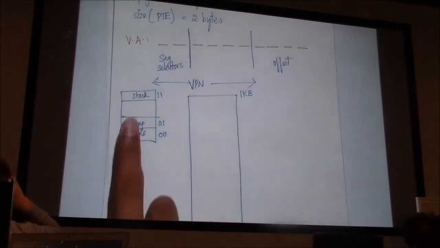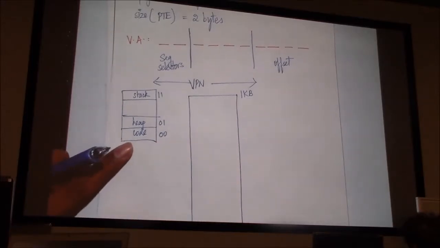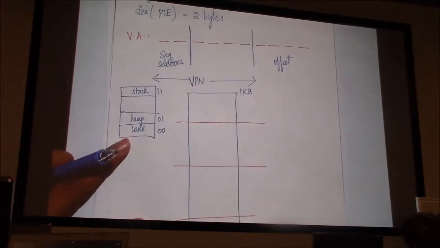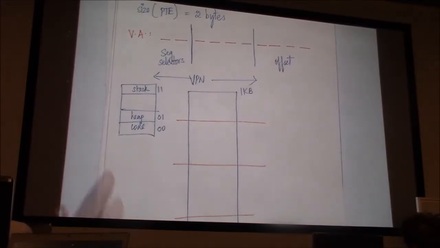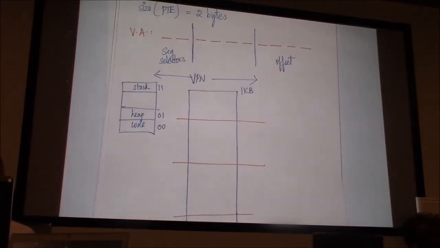and this already divides this entire address space into 4 equal parts, because we have this segmenting thing. So now we divide this; this is for the code. What is going to be the maximum address that we are going to have in the code segment?